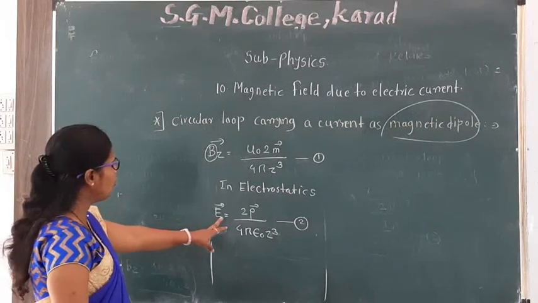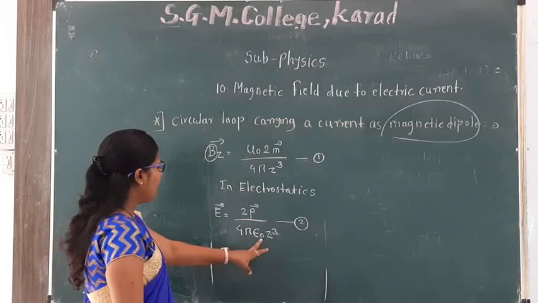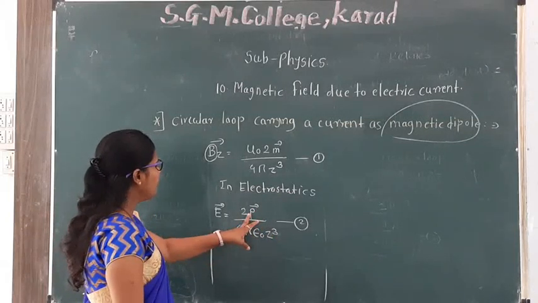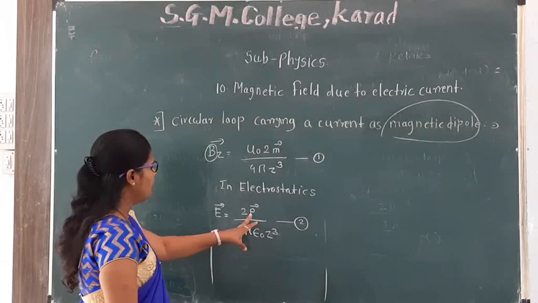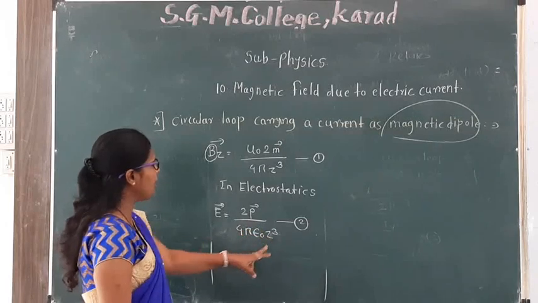Here we can write, once again see here, E is equal to 2p upon 4 pi epsilon naught z cube, not mu 0. Vector E is equal to 2p upon 4 pi epsilon naught z cube. P is the electric dipole moment, and we get this also along the z axis.